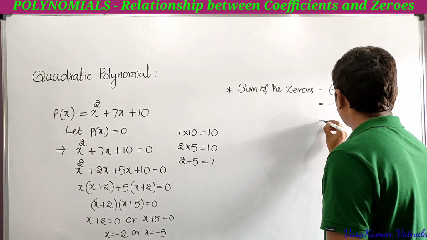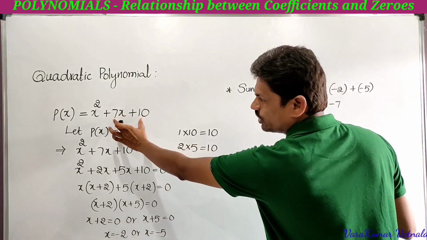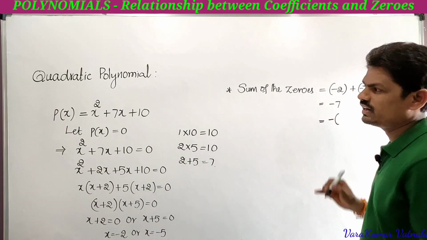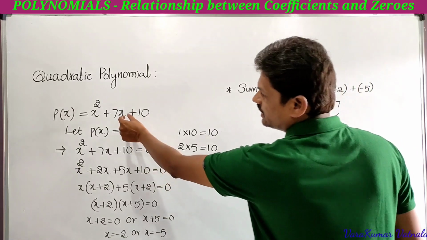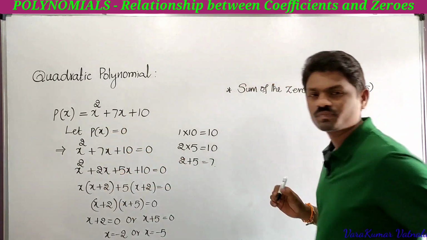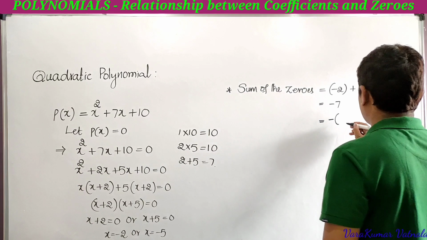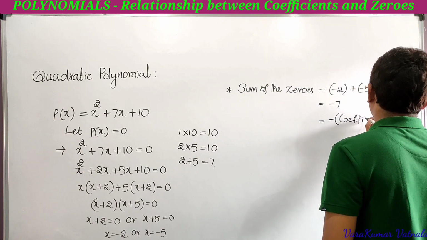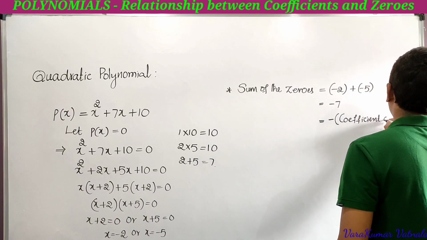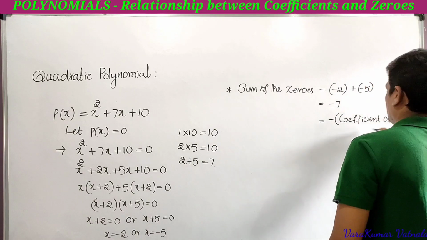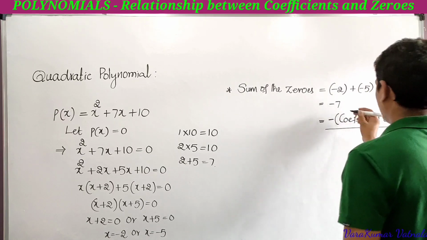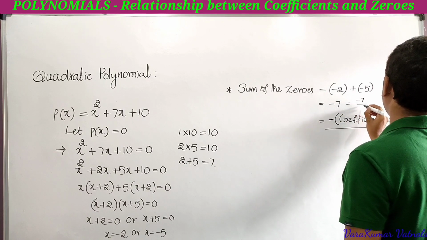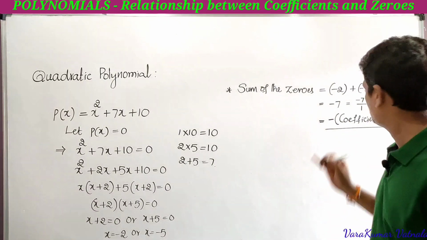Now we have to relate the sum of the zeros with the coefficients. So minus 7, what is 7? 7 is the coefficient of x. So minus coefficient of x, divided by, here minus 7 can be written as minus 7 divided by 1.